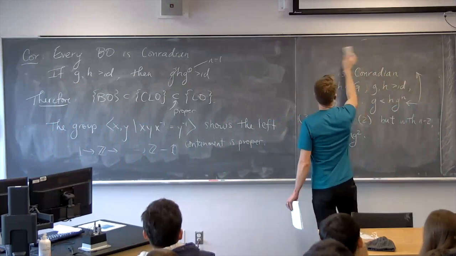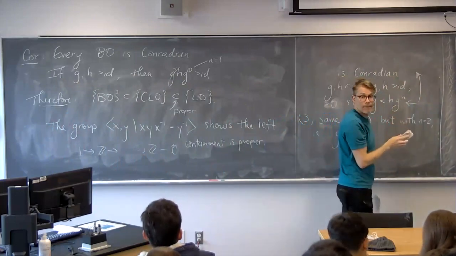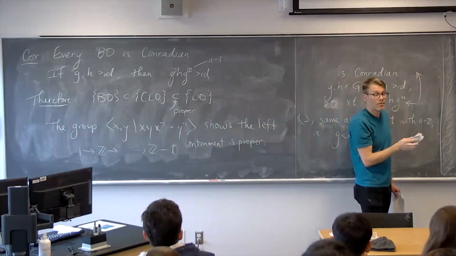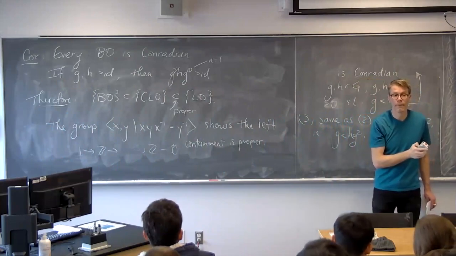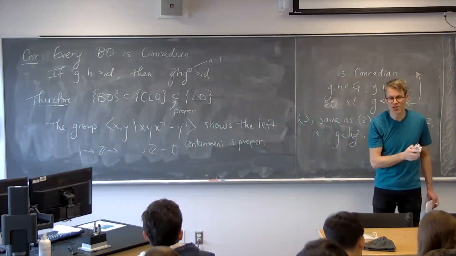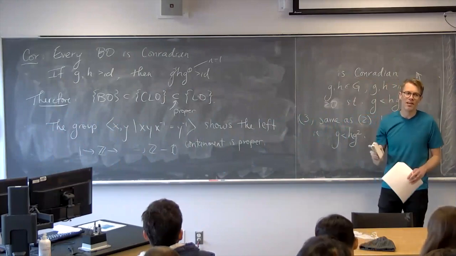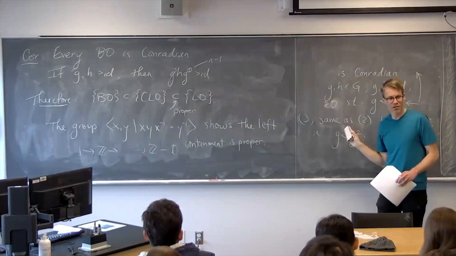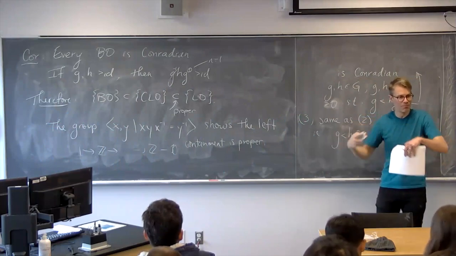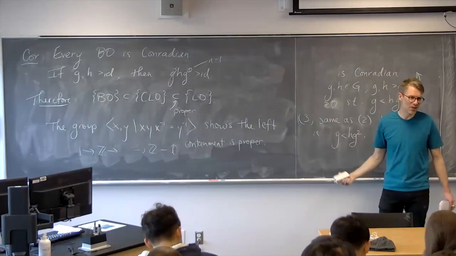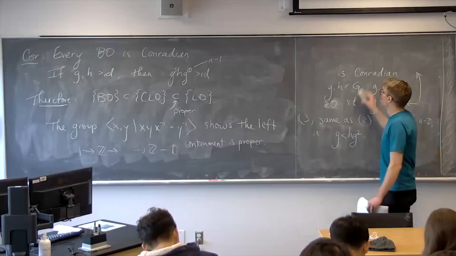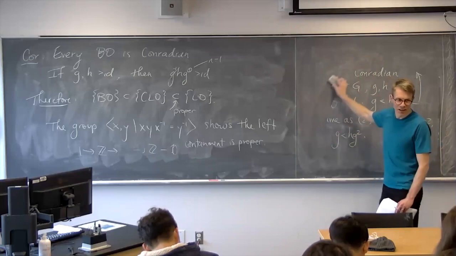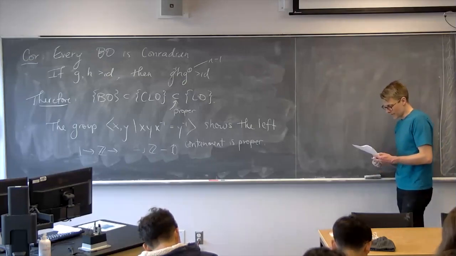Did you give general conditions under which a short exact sequence gives you something CLO? The condition is that if you have a Conradian left order on the kernel and the image, then you can put a Conradian order on the middle just by doing the lexicographic construction. It works. But I didn't say that. You're right.